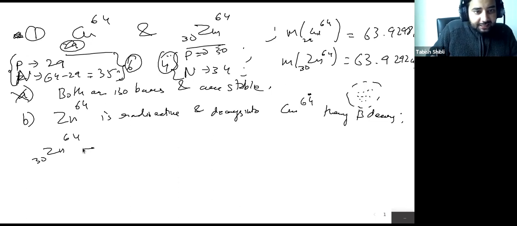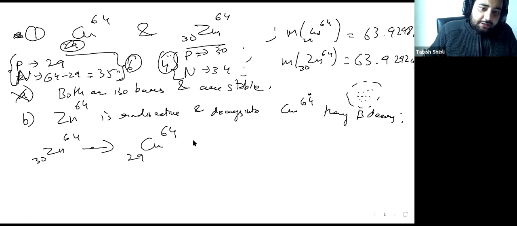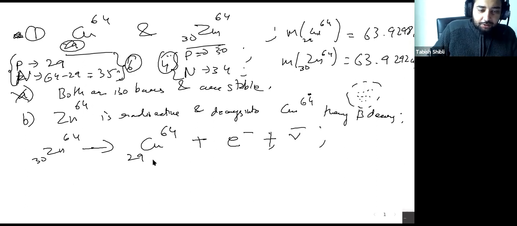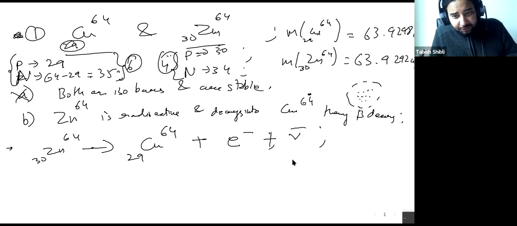What the option says is that this goes into copper 64, which is 29, through a beta decay. Now, if this were a beta decay, then you have an electron here and an antineutrino here. But can this particular thing go on or not?